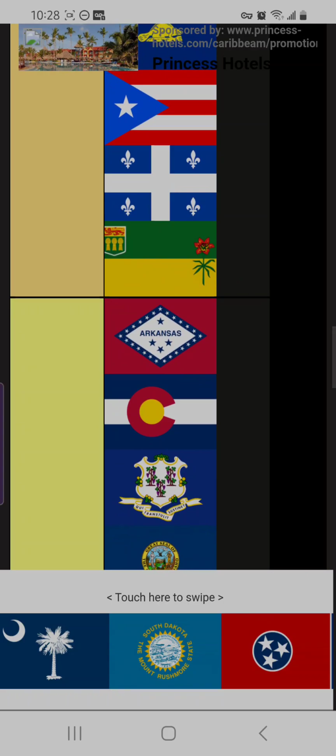South Carolina. Oh my, we keep on getting above C tier flags. Really? This flag actually kind of has a palm tree and a crescent moon on the side.